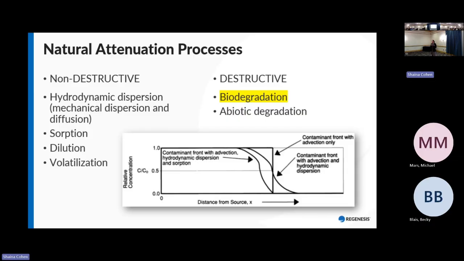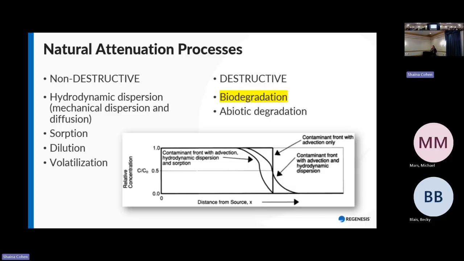So Paul gave us a really great introduction to remediation strategies in general, and certainly regarding monitored natural attenuation. But bioremediation and biodegradation is such a huge part of natural attenuation that in speaking broadly here about bioremediation, it's hard to not talk about natural attenuation a little bit more.